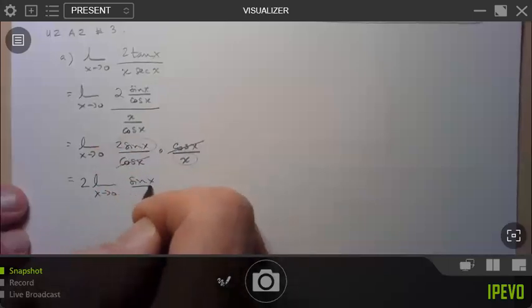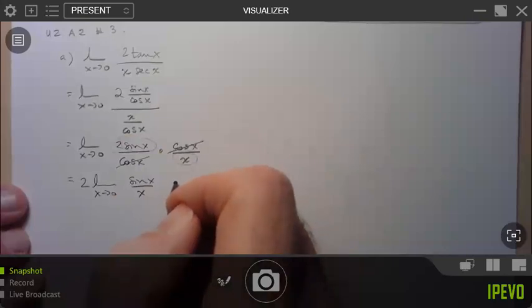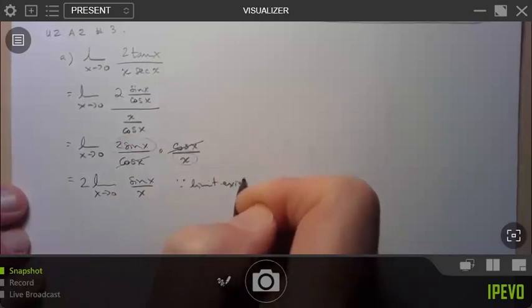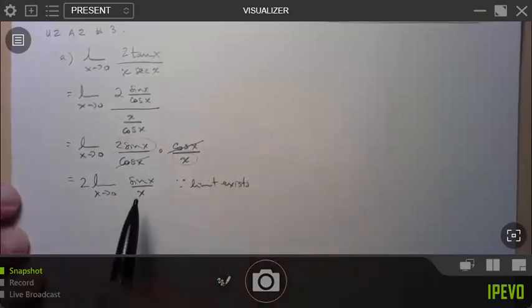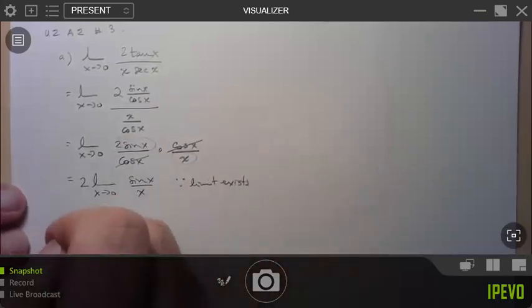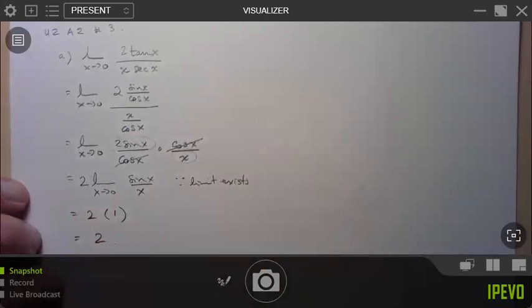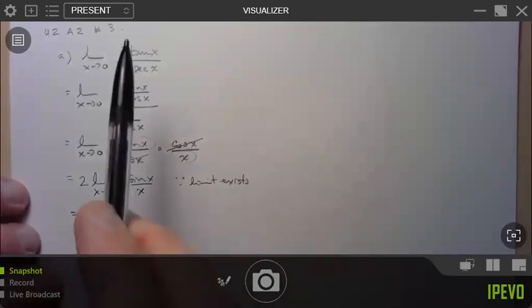Sine x over x. Since the limit exists, that's why I can do it. But not only do I know that this limit exists, I know what its value is. And so in the end, this limit is just equal to 2. So that's it. Any questions on this one here?